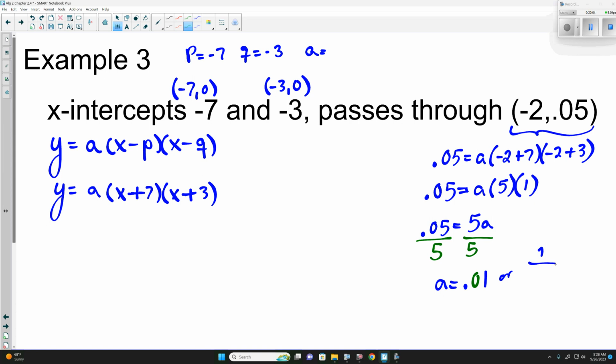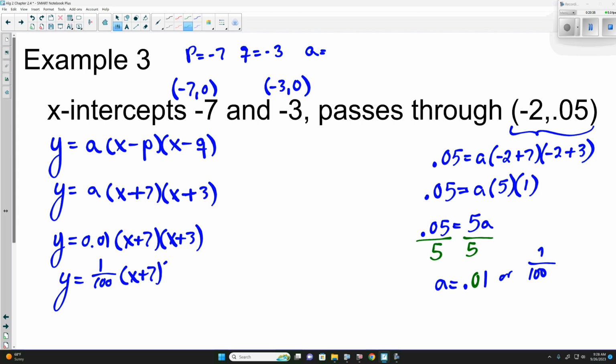Or 1 over what? 100. Because how many decimals do we have to move it to get the decimal on the other side of the 1? Well, we got to move it once, then twice. Once would be 10, twice is 100. So we could put it in either form. Y equals 0.01 times x plus 7 times x plus 3. Or y equals 1 over 100, x plus 7, x plus 3.